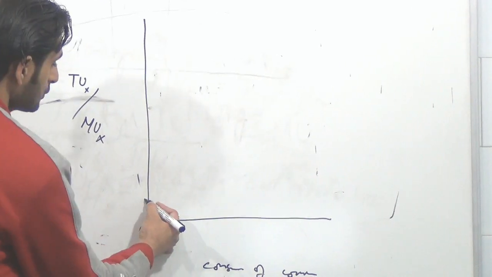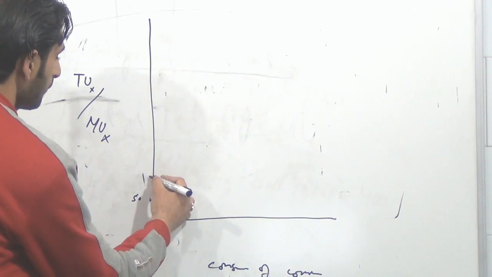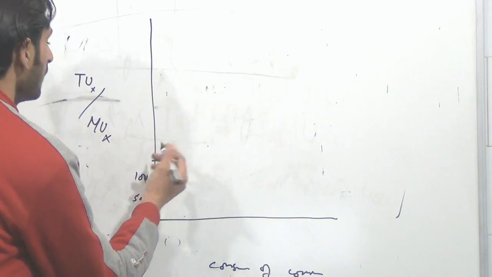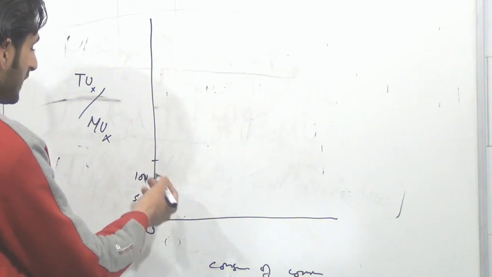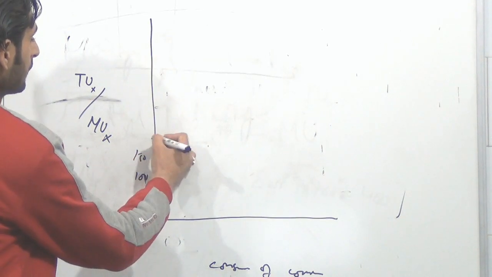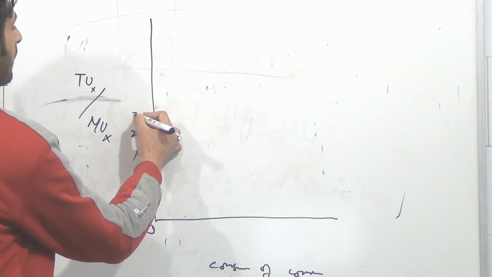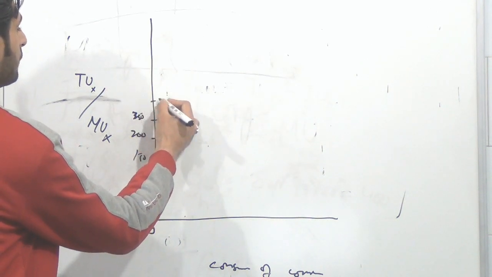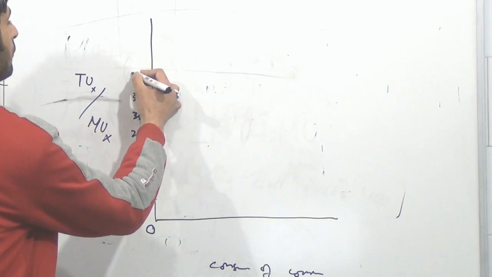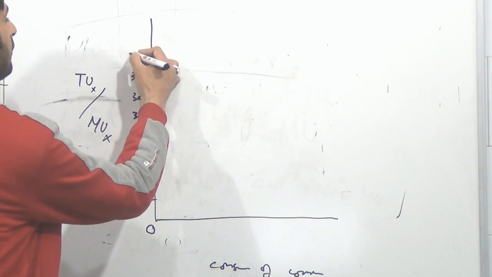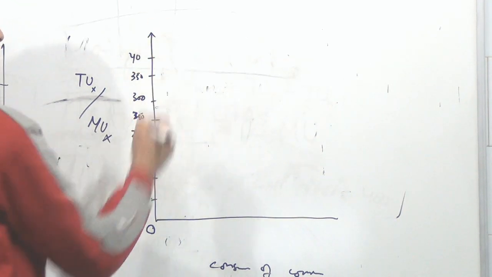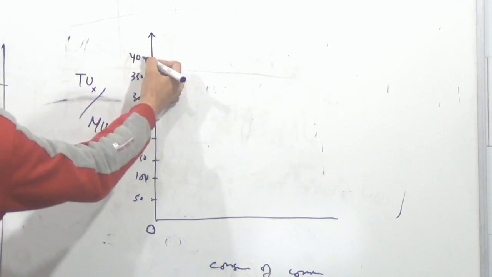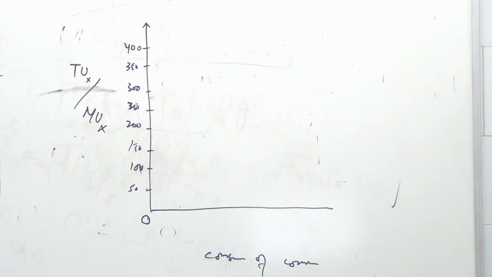So I'll start with units of 50, 50, 100. With a difference of 50, it will suffice: 150, 200, 250, 300, 350 and 400. This will complete that. I am having now 400 utils to show here.